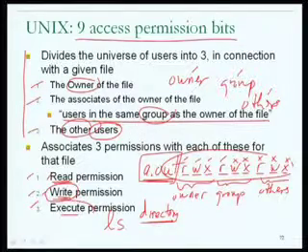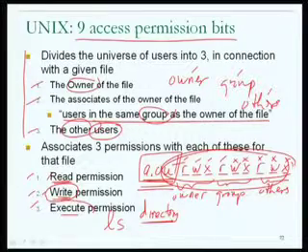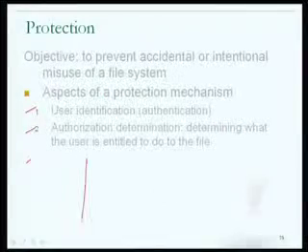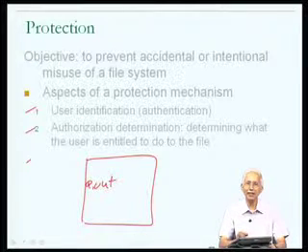Now, one piece of information which I did not mention: I talked about these 9 bits of information associated with a file, and the question will of course arise as to where these 9 bits of information will be stored. You'll recall that associated with each file there is a directory entry, and the directory entry contains a mapping between the file name and the inode number.